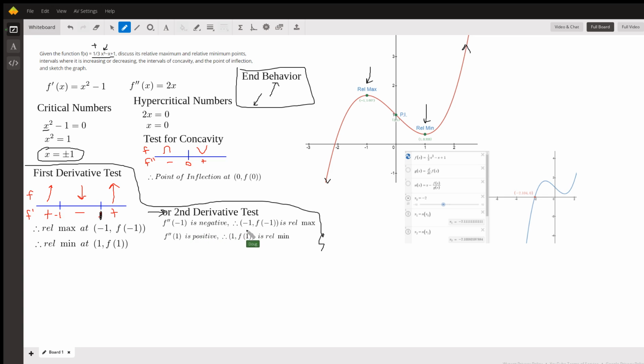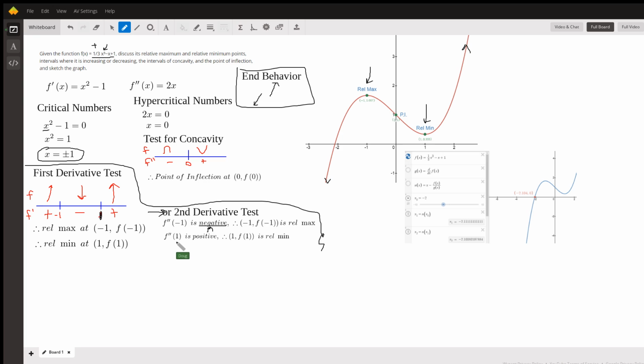Therefore, at -1, f of -1, we have a relative maximum. The way you can think of this is that when the second derivative is negative, the curve or the original function is concave downward. Think of a frown, negative. And so there's a relative maximum at -1.